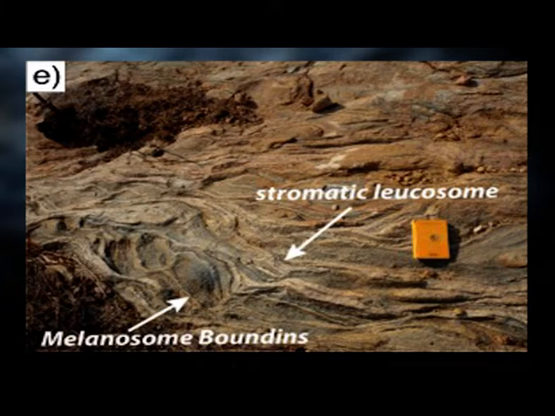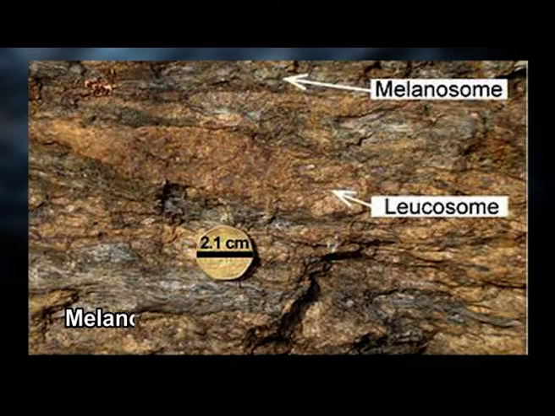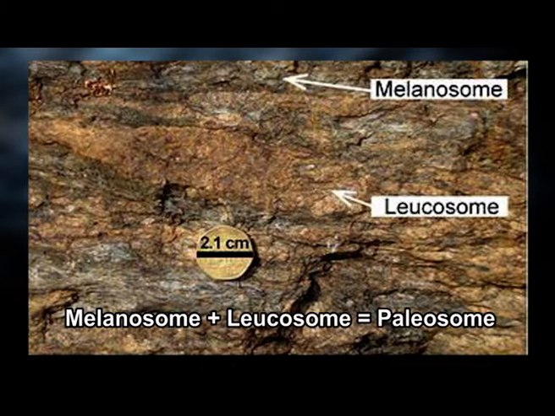Melanosomes are sites of melt extraction and represent unmelted residue, or restites, Baumann in 2001. If melting occurs in situ, then one can determine the parent composition from the chemistry, mineralogy and volume relationship of the melanosome and its leucosome, because melanosome plus leucosome equals paleosome.